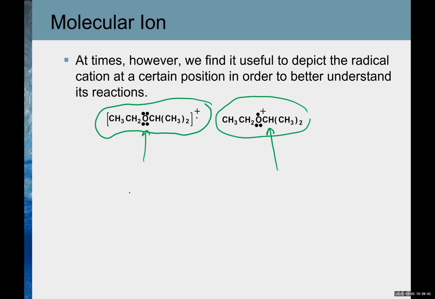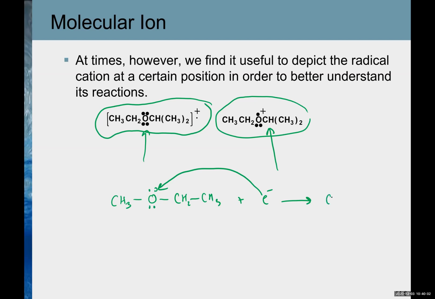So what I'm saying here is that if we have an ether, I'm going to write my own ether, and we bombard it with a fast moving electron, we know for sure that it's going to remove one of these non-bonding electrons.